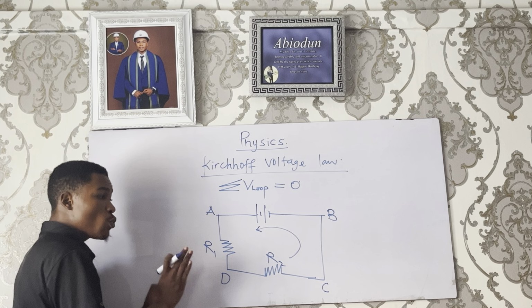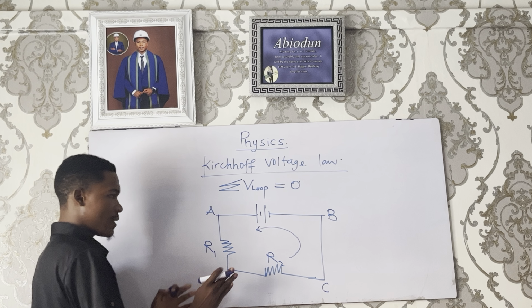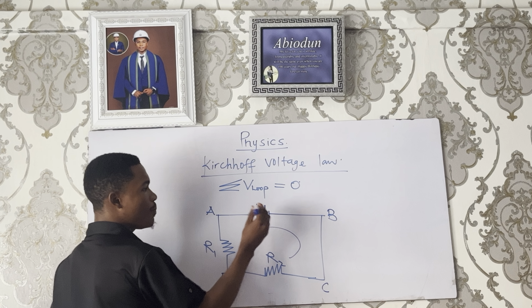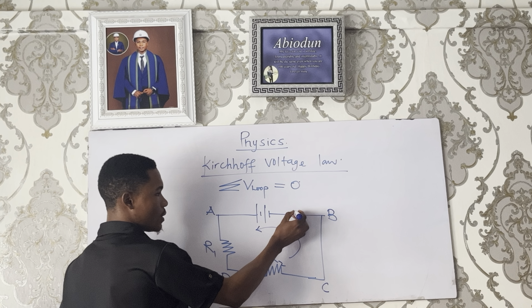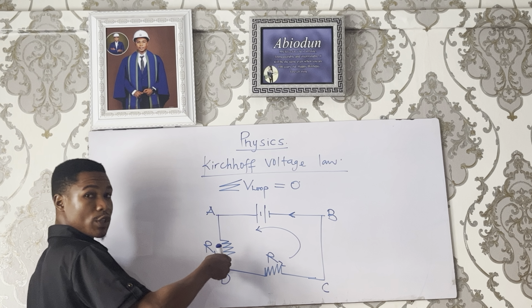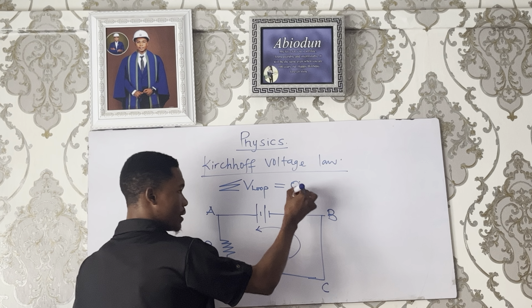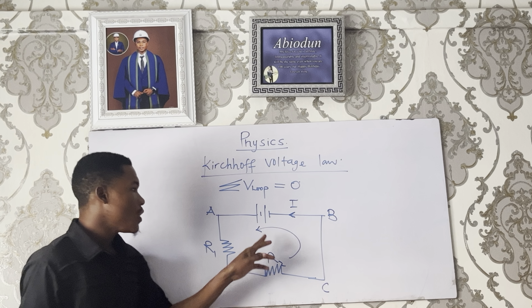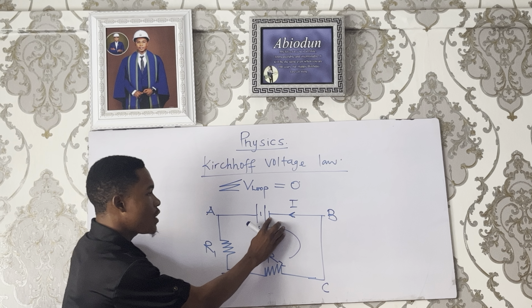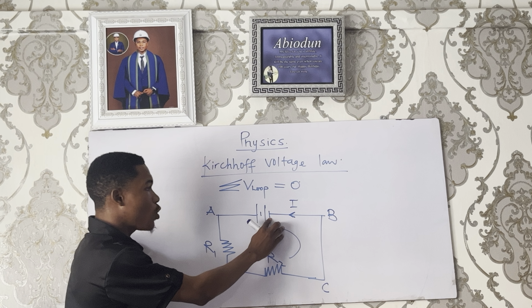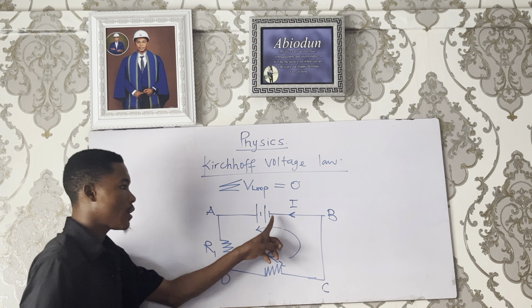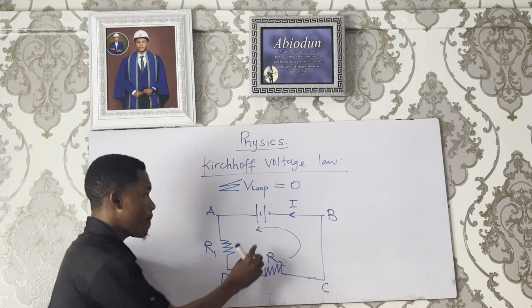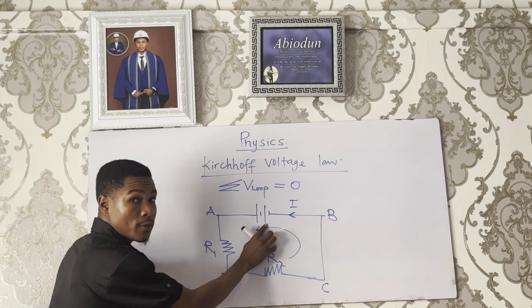Now the first thing we have to note in this circuit is that the loop is moving in this direction, and let's assume that the current is moving in this direction also. Now if you look at the cell, this short line is called the negative terminal, and this long line is called the positive terminal.